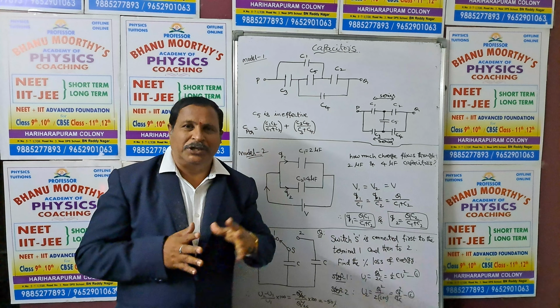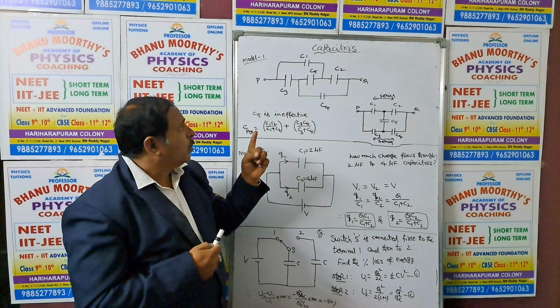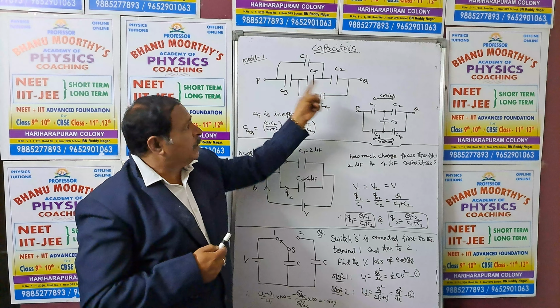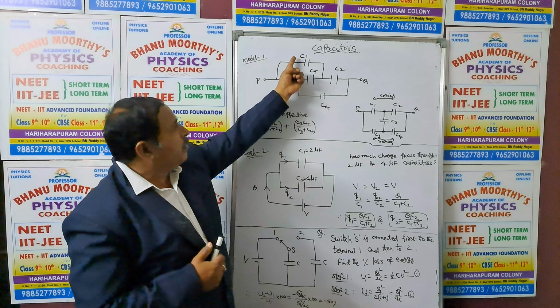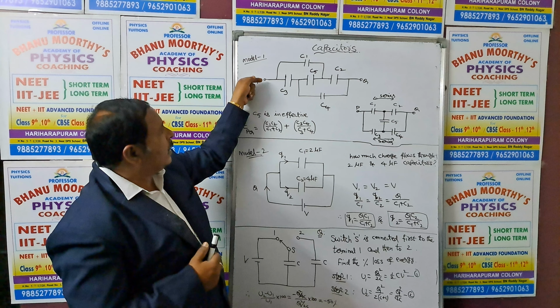So 5 capacitors are connected, C1, C2, C3, C4, C5, between the two terminals P and Q. Whatever the values may be, C1, C2, C3, C4, C5 are connected as shown in the figure. Now, what is the effective capacity between the two terminals? Charge starts from here and travels to C1 and C2.